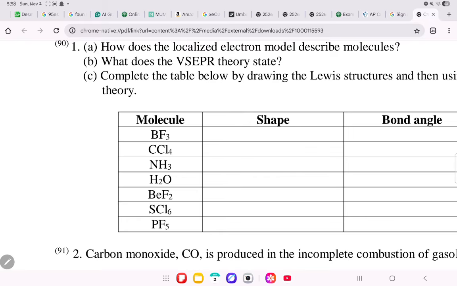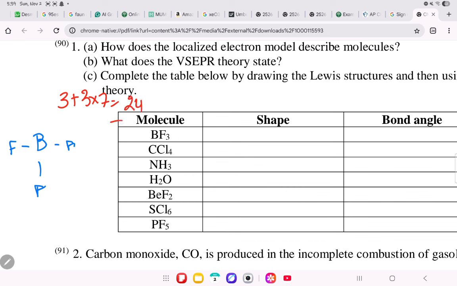Okay, so the first thing that we will start with is BF3, okay? BF3 molecule, we will start with B, and then we have 1, 2, 3, F surrounding. Now, B is in group 3, okay, that's 3, plus 3 times 7, so that's gonna be 3 times 8, which is 24. Now, what do we do?